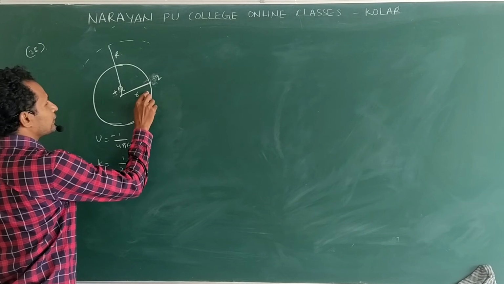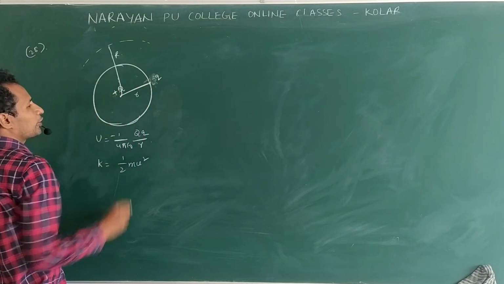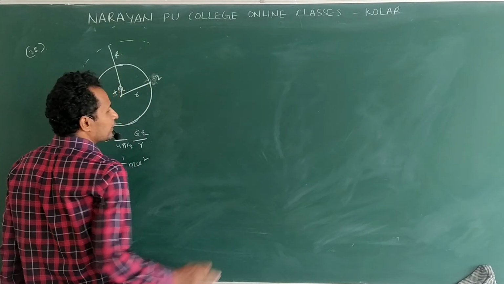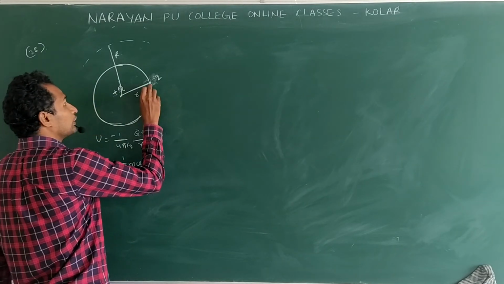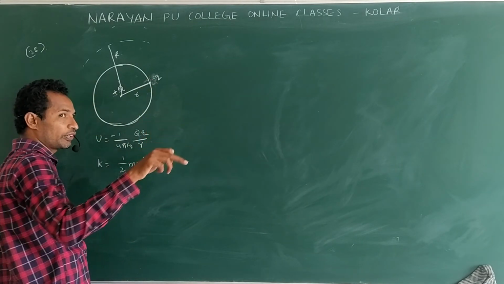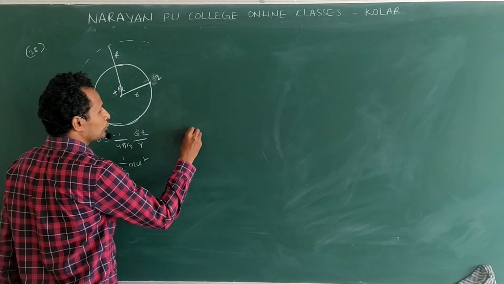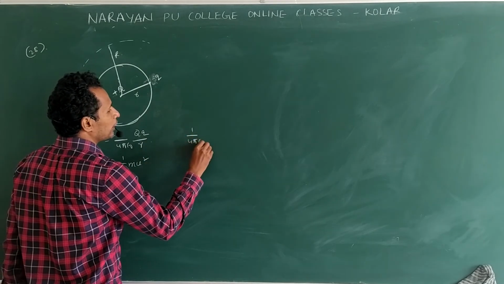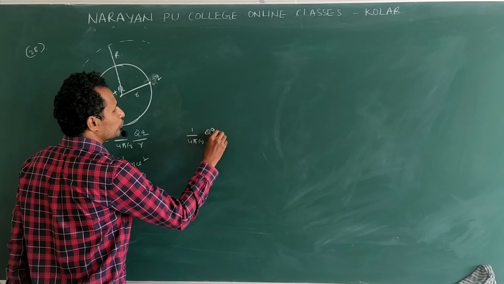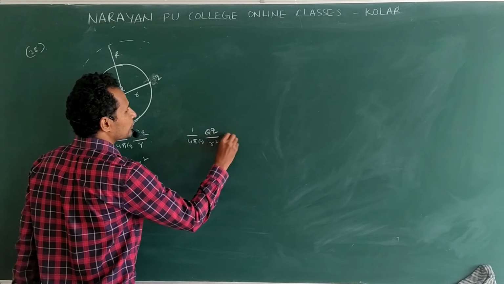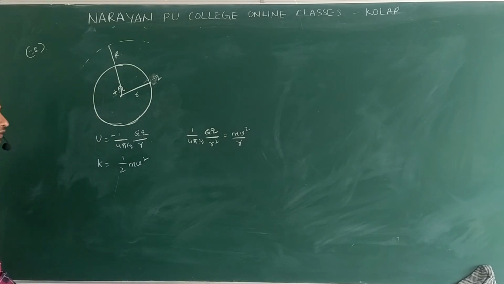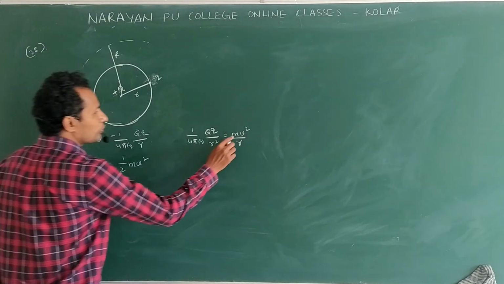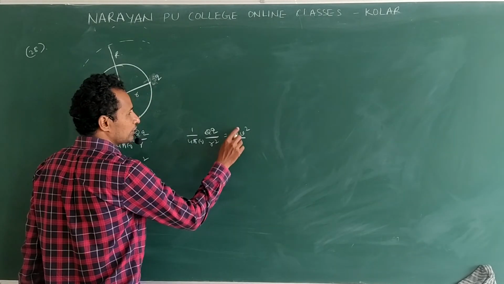When this charged particle revolves in a circular path, it experiences centripetal force that is provided by the electrostatic force. So 1 by 4 pi epsilon naught capital Q small q by r square is equal to m v square by r. Clear? m v square by r is the centripetal force.